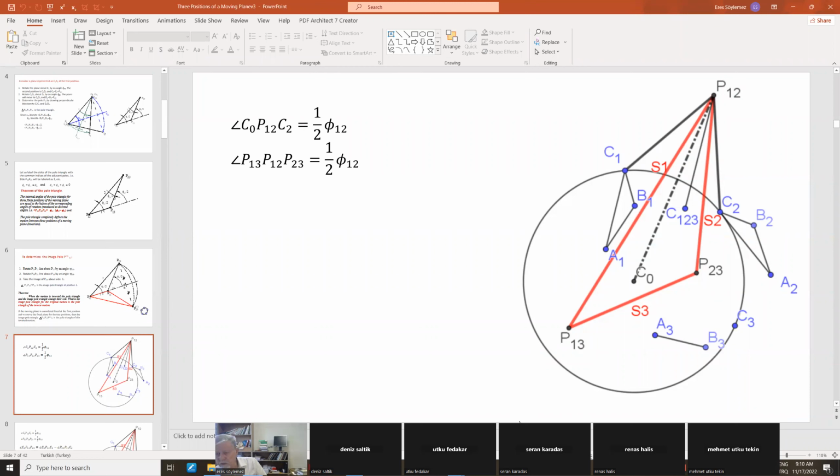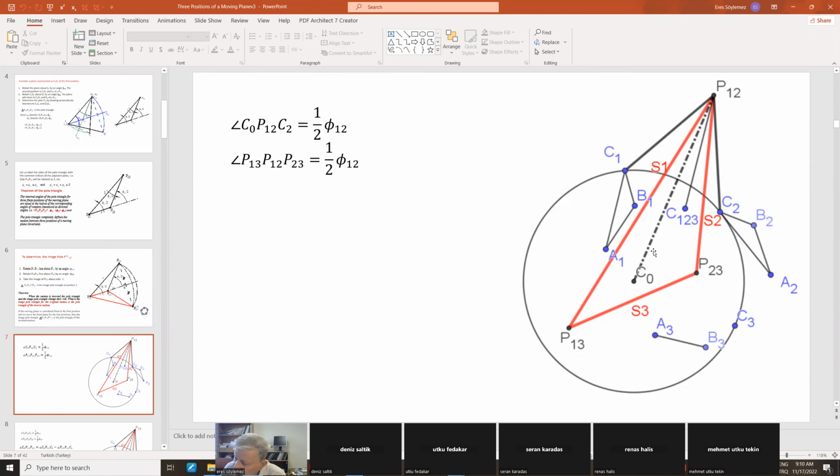This is what we have done till now. We have selected a point C1, determined C1, 2, 3, the base point, determined C2, C3, just by taking the image of C1, 2, 3 with respect to side 2 and side 3. And then we determine C0. Now, the thing is this. We know P13, P12, P23 is equal to 512 over 2.